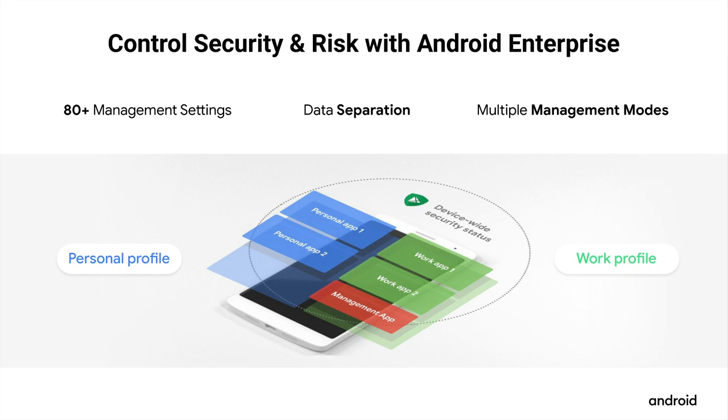All these things we've talked about are controlled through your EMM partners such that you can meet your risk posture, and you basically have a lot of what I call knobs and levers to deploy a device in the appropriate mode it needs to be used in, provide that data separation, protect the data, and basically enable all those management security capabilities to control access for applications and prevent malware and exploits from even getting on the device in the first place.